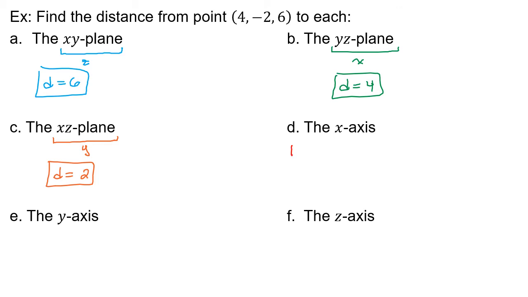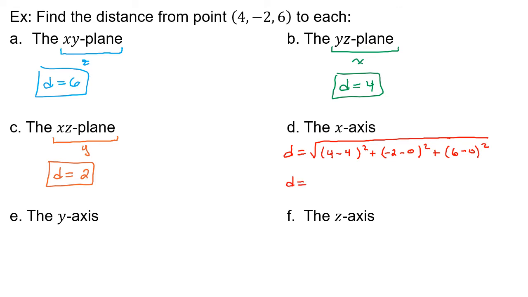So you could do your distance formula like what we were doing, and I'd have to use the point 4, negative 2, 6, like this. But to figure out the distance from the x-axis, I need to base that on the y and the z coordinate. So I'm going to subtract off the point 4, 0, 0 to get rid of the x coordinate.